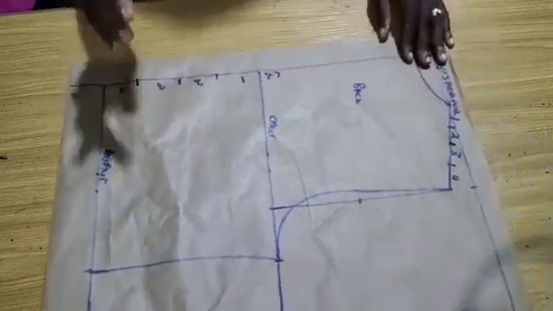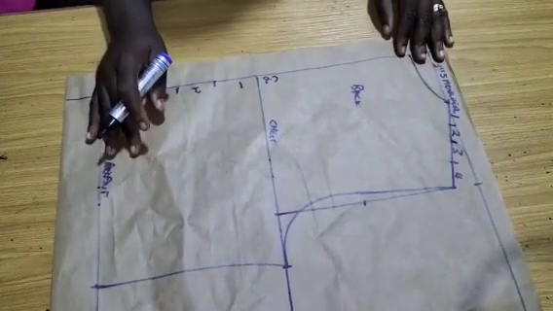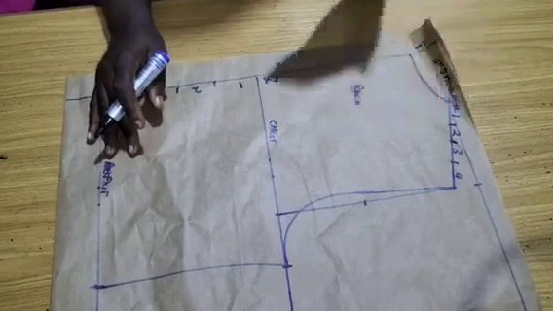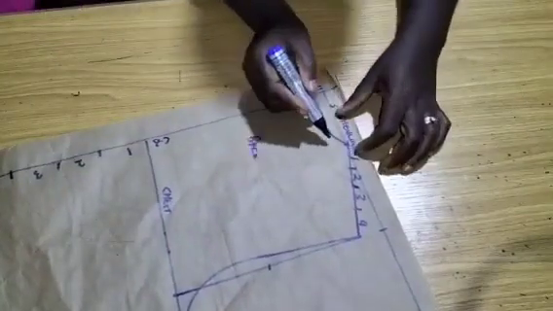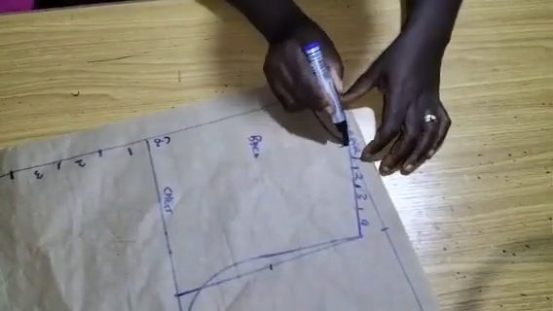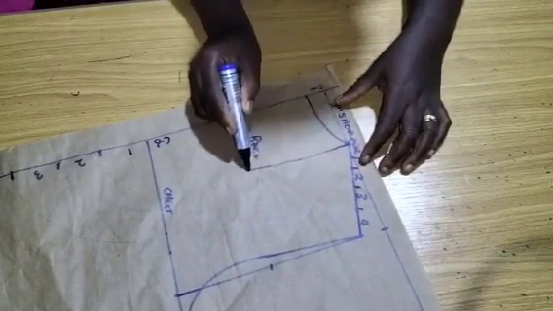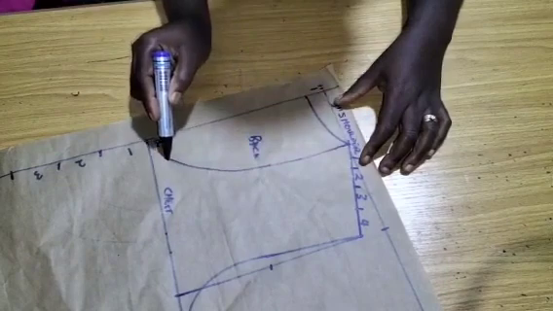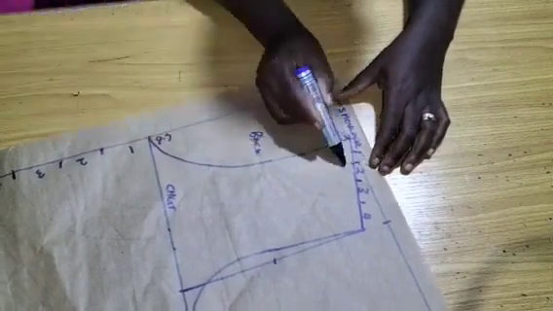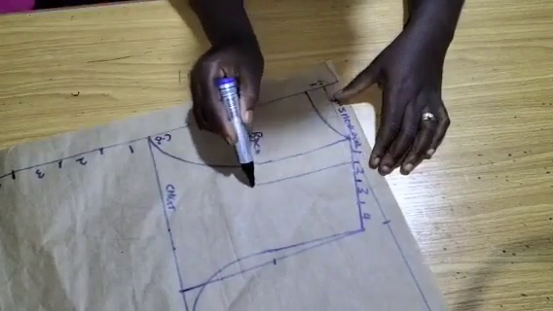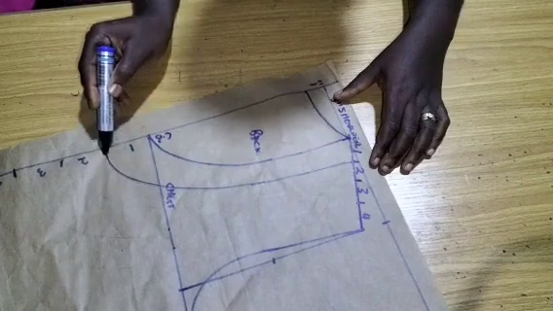So now I'm going to start connecting the effect of the neckline. Okay, so it depends on how you want it to fall. So now we are going to start connecting this from here, from the neckline here. The first fall, I'm going to have it fall to the center back. The second fall, I'll have it follow this line to where I have number 1.